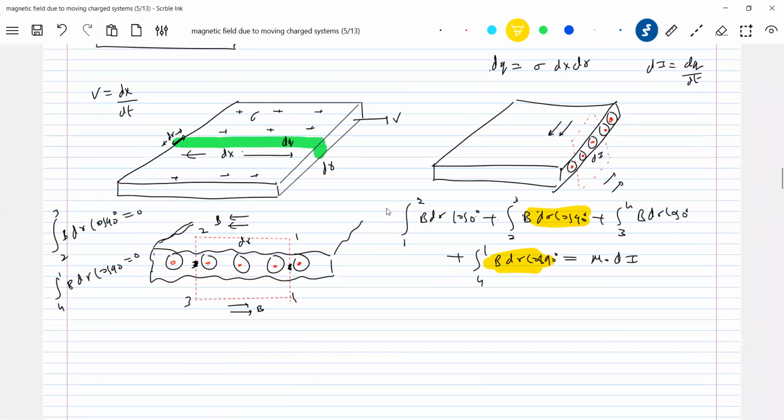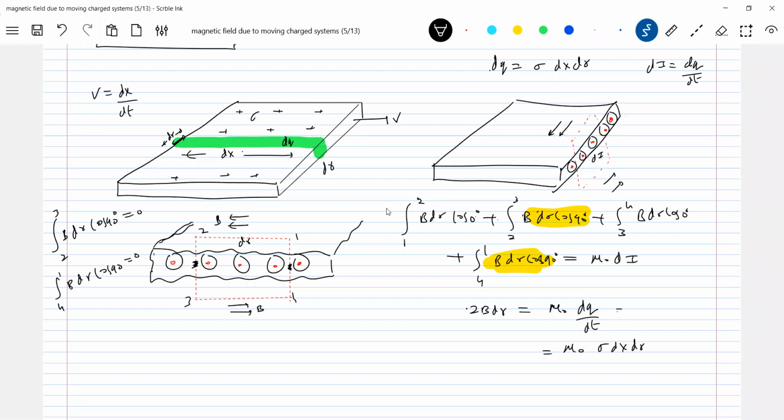Simplification of this, it will be 2 B dr is equal to mu naught dI. What is dI? dI is dq by dt. Further, dq by dt, what can you write it as? What is dq?